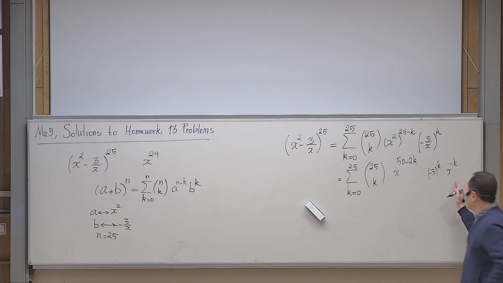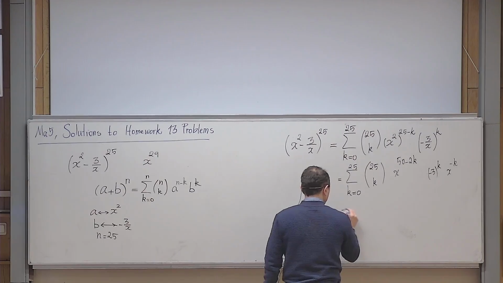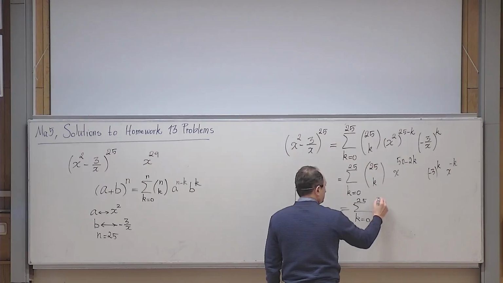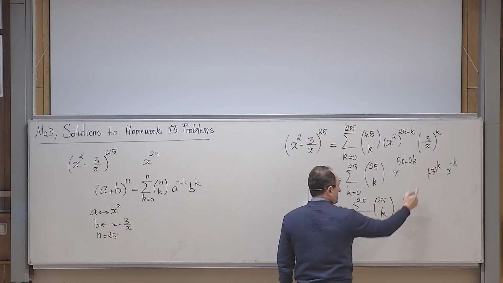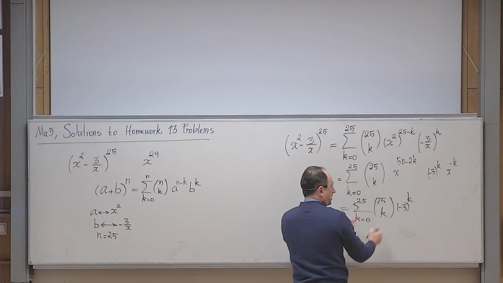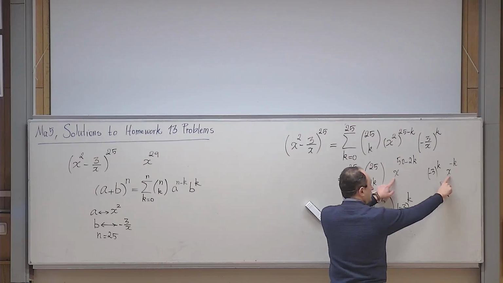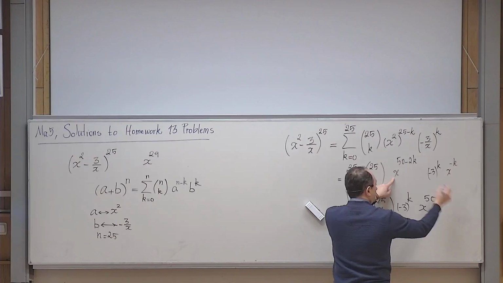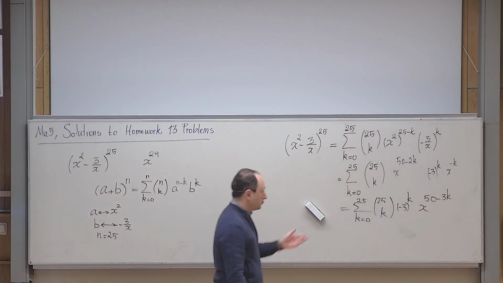Yes? And then try to write it in a little bit more compact form. Minus 3 to the power of k is a number, so I put it next to this binomial coefficient. But now we know what happens here, yes? So it becomes x to the power, this exponent will be added to that exponent. It becomes 50 minus 3k. So that is the expansion.